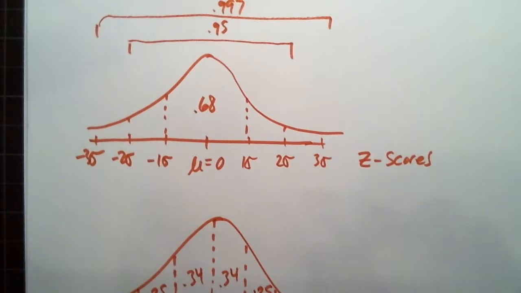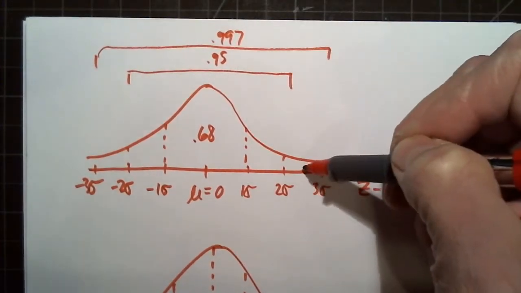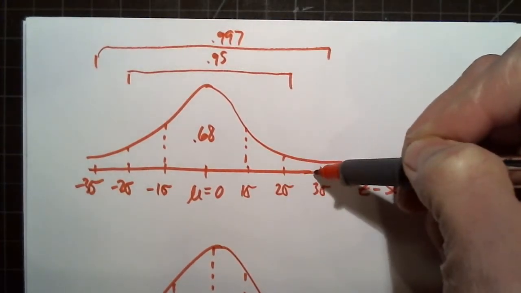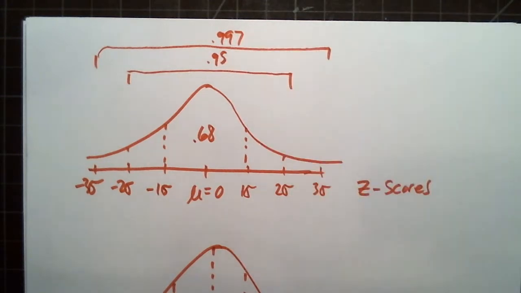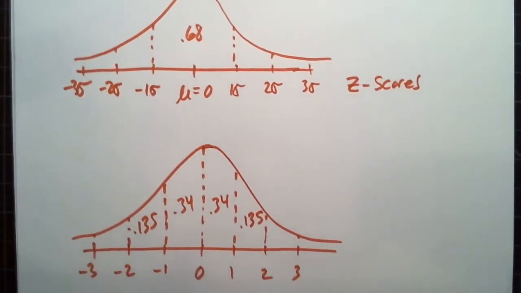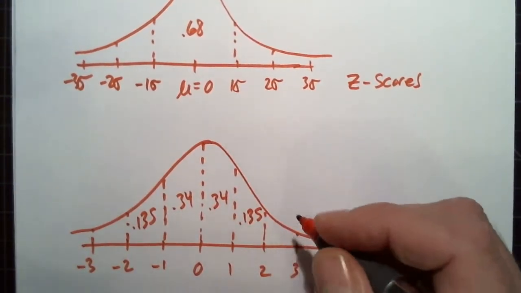And then we could do this. Let's find out these between 2 and 3. So that would be 0.997 minus 0.95, and then divide by 2. 0.0235.